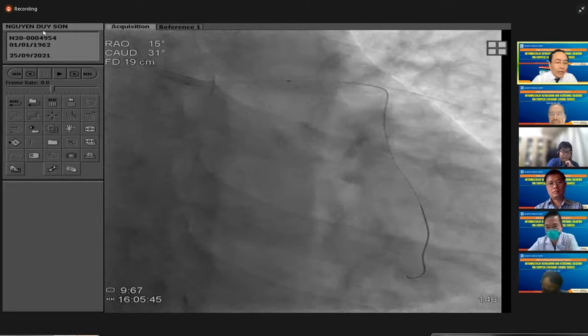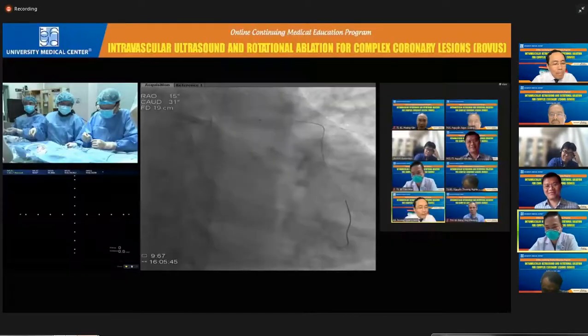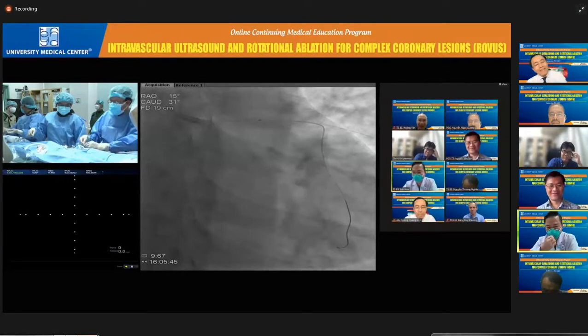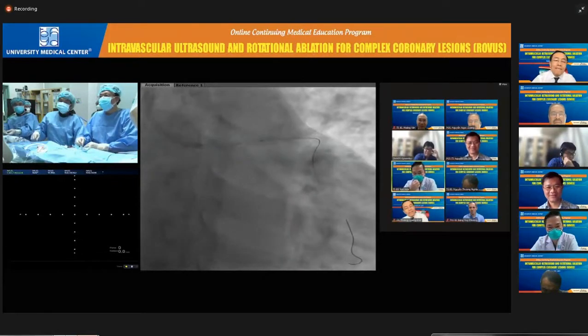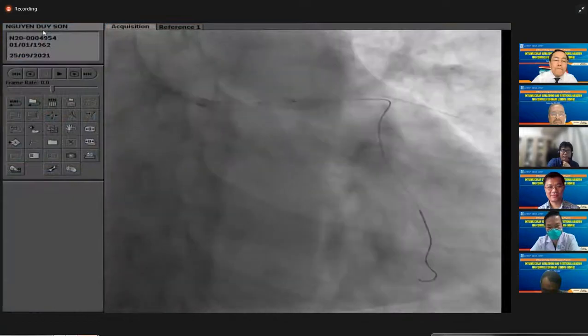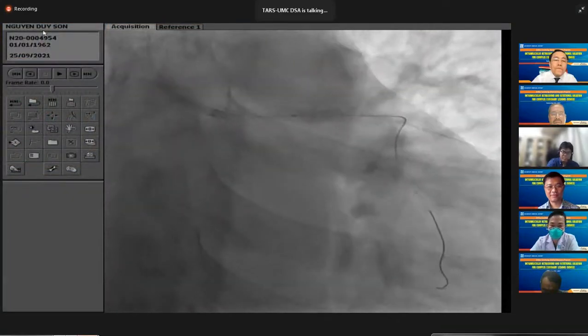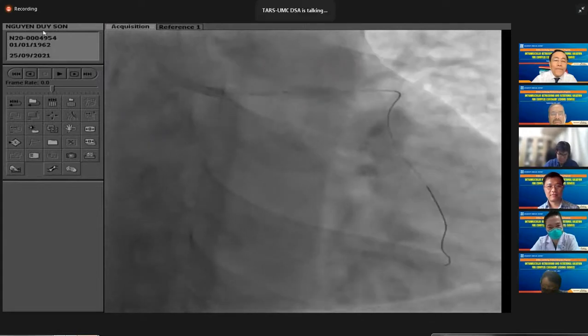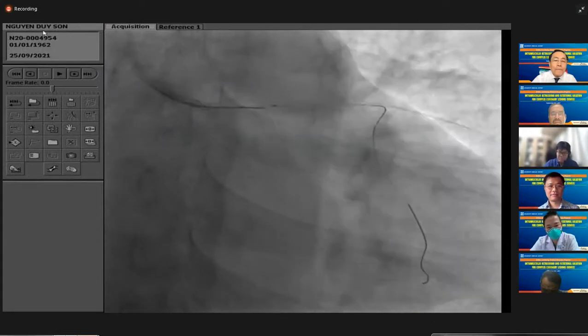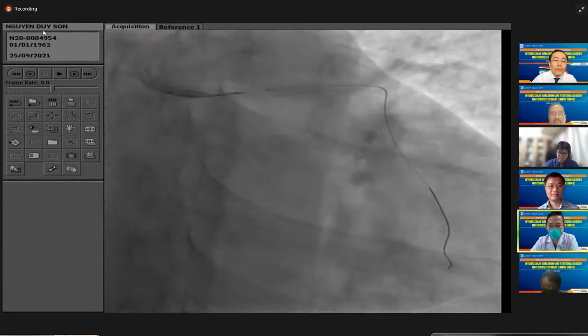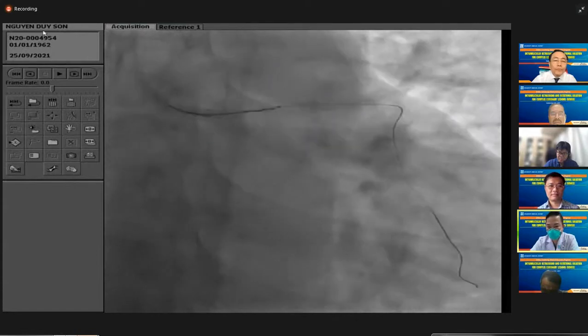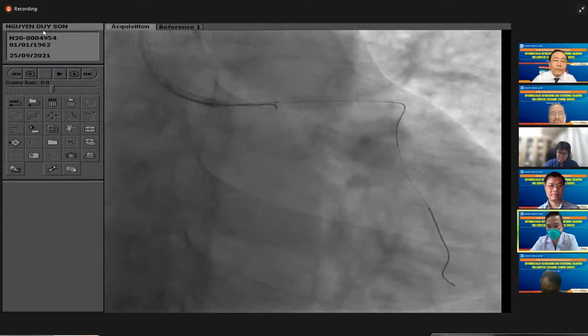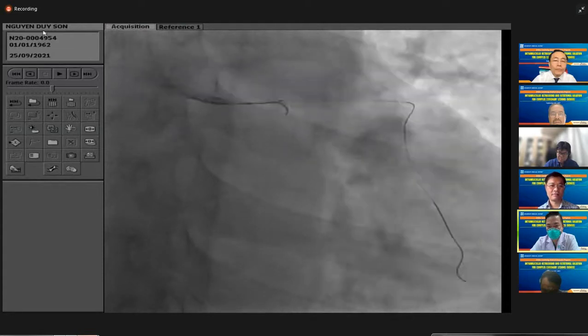Yes, if you have enough catheters and enough money for the procedure. So this is the Crochet micro catheter, a double lumen catheter. You see the marker of the Crochet, and we try to rewire. Yes. Rewire.